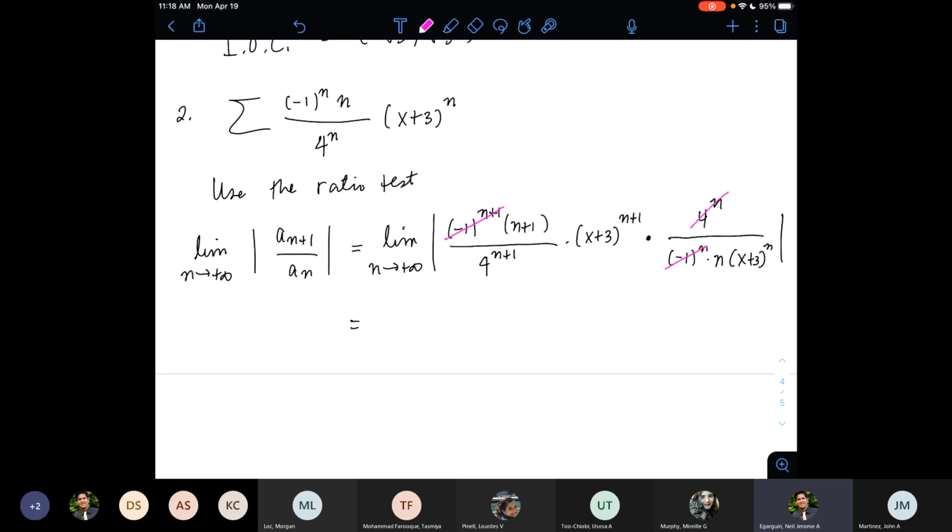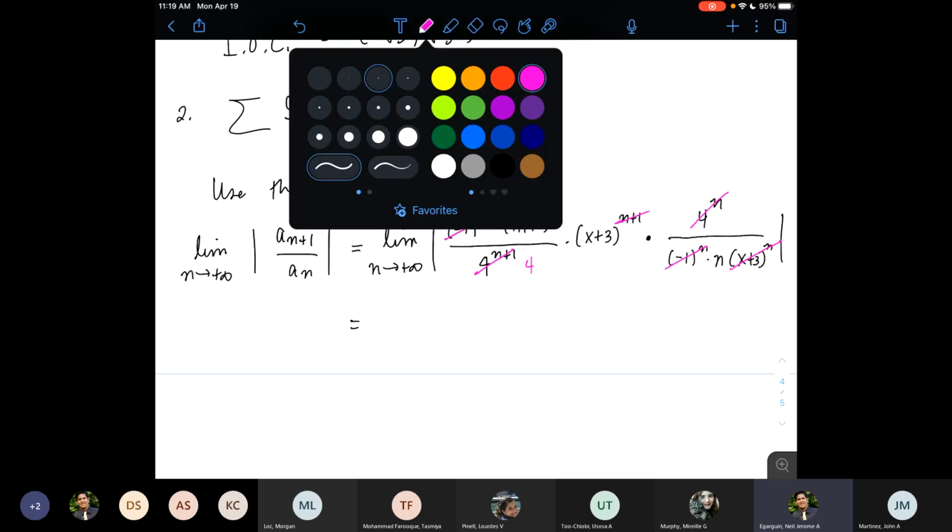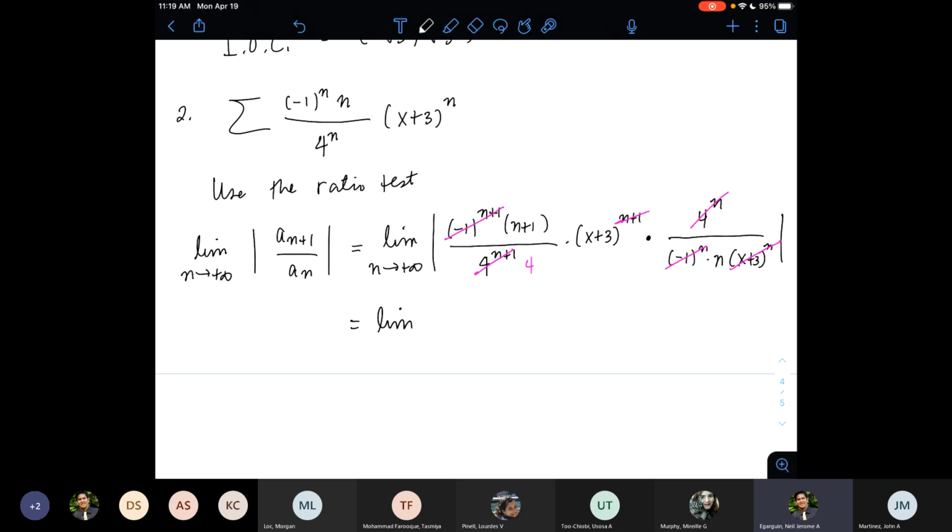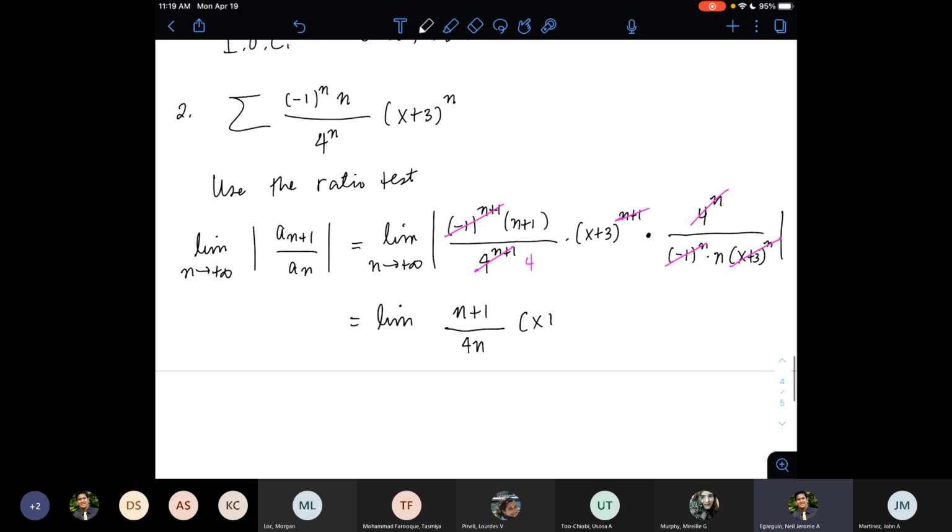And then we'll cancel 4 to the power n by the denominator, which will leave us with a 4 there. And then x plus 3 to the power n will all be canceled by the power of x plus 3 on the top, but we'll have 1 left on the numerator. So if I collect all that remained, we'll have the limit of n plus 1 all over 4n times x plus 3 with absolute values as n approaches infinity.